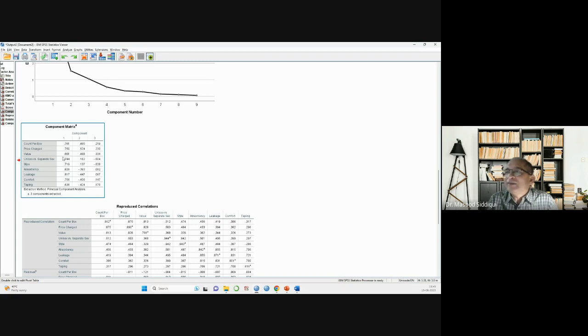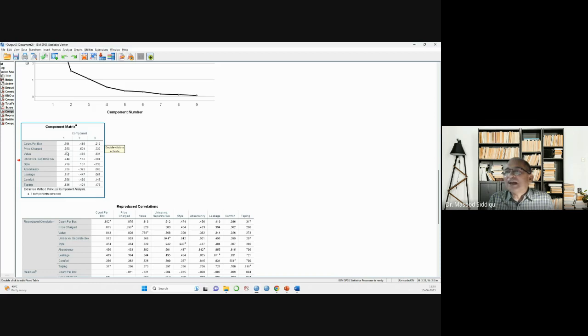In the same way, for unisex versus separate sex, though 0.744 is a very high value, minus 0.64 is very close by. The minus sign simply indicates the direction is opposite. And the style also shows cases of cross-loading. So in this component matrix, there are sufficient examples of cross-loading.